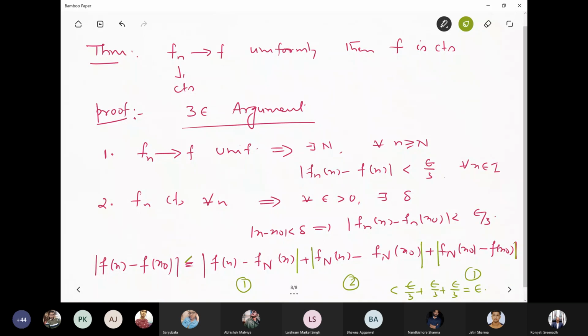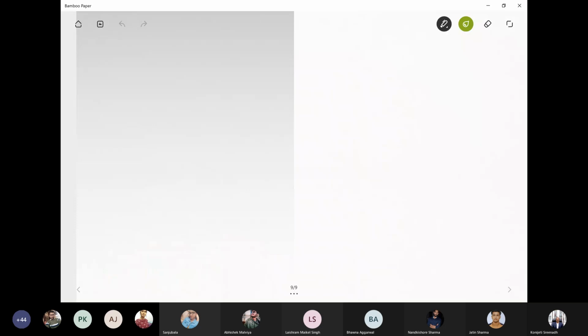So that shows that f is a continuous function whenever mod x minus x0 is less than delta. Therefore, if you have a sequence of continuous functions, and if they converge uniformly, then the limit is going to be a continuous function.